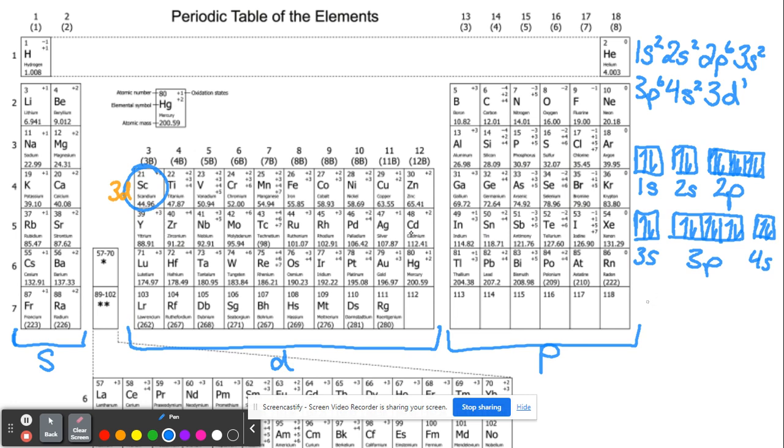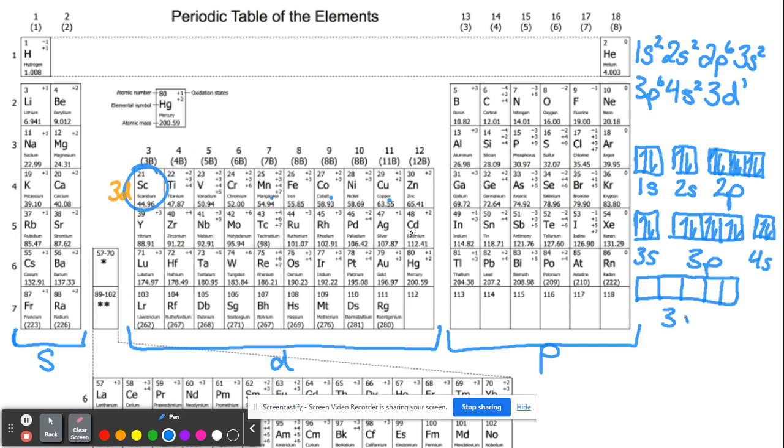How many squares should I draw? There are 1, 2, 3, 4, 5, 6, 7, 8, 9, 10 elements, which means I need space for 10 electrons, which means my D block has 5 orbitals.